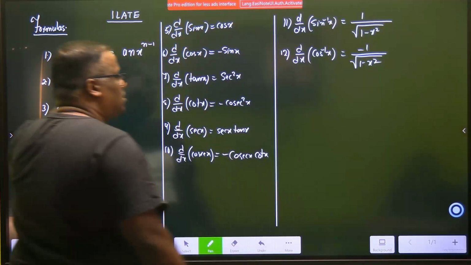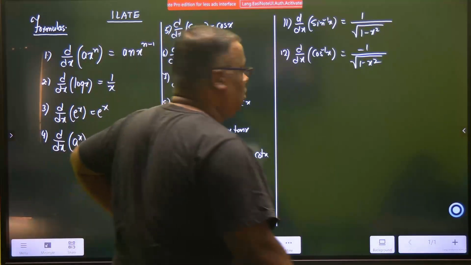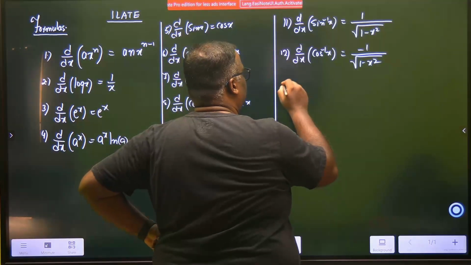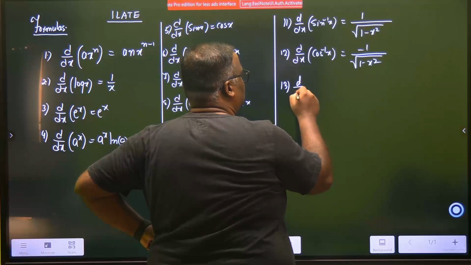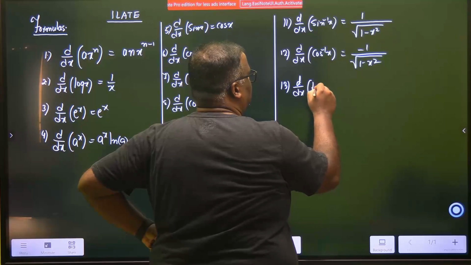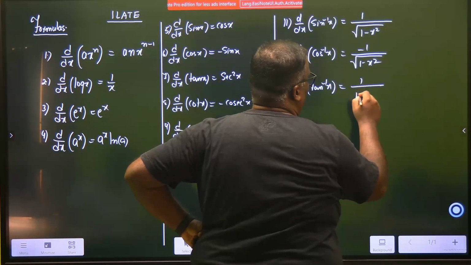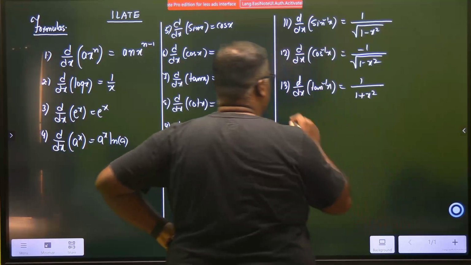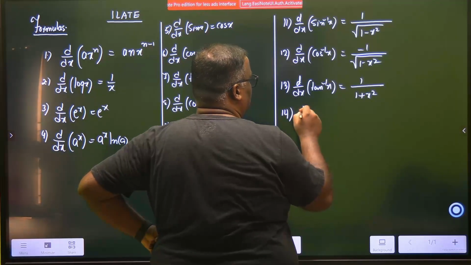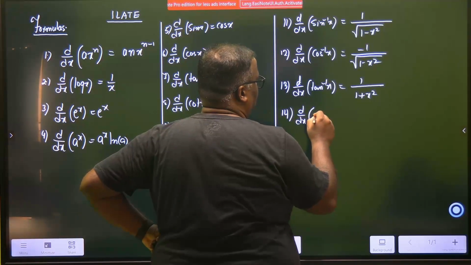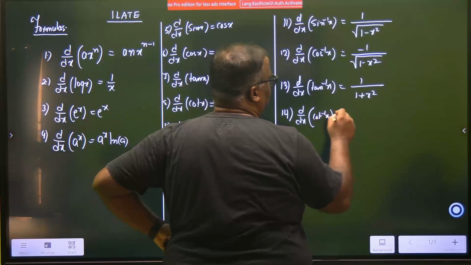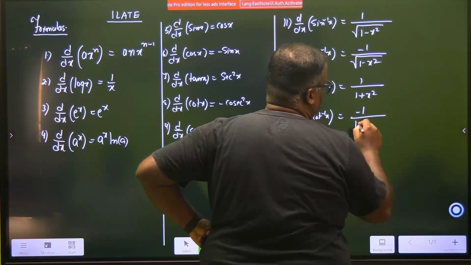See, I told you cos is a naughty function. It's all negative. 13. d/dx of tan inverse x is 1 by 1 plus x square. 14. d/dx of cot inverse x is minus 1 by 1 plus x square.